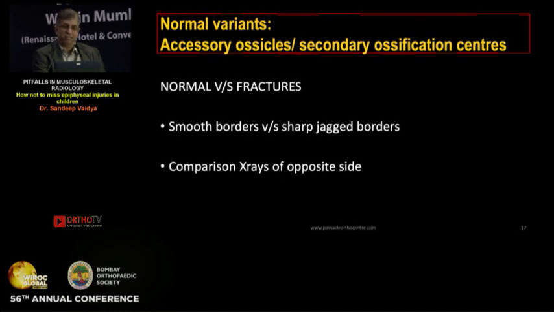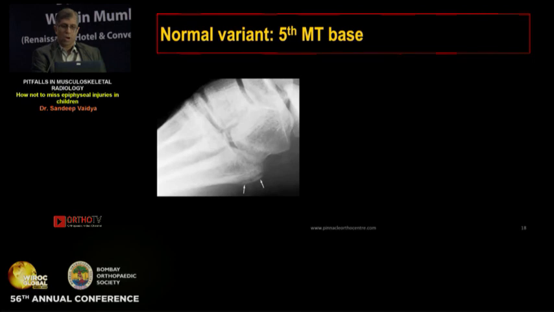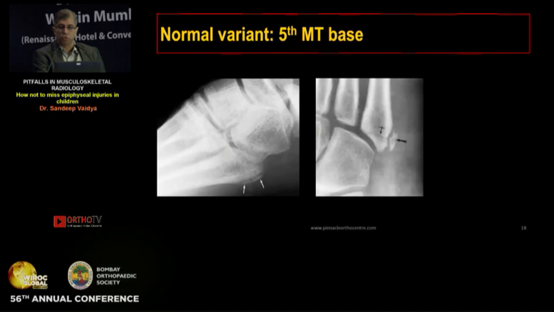And in such cases, obtaining comparison X-rays of the opposite side helps, because very often the normal variants are bilateral. One common area of misdiagnosis is the base of the 5th metatarsal, where the secondary ossification center is misdiagnosed as a fracture. How do you differentiate? The secondary ossification center is along the long axis of the 5th metatarsal, whereas the fracture line is always transverse.